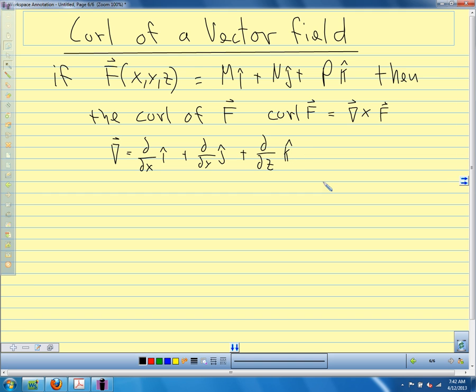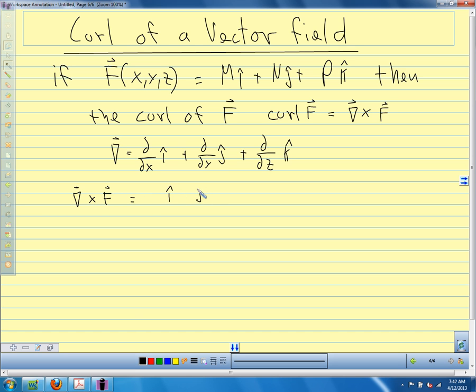Now all we've done with del so far is operate on a scalar function to find our gradient. Well, now we're using del and we're using vector operations. We're thinking of this as a vector operator. So del cross f, the way we calculate del cross f is with our determinant, just like we do a normal cross product.